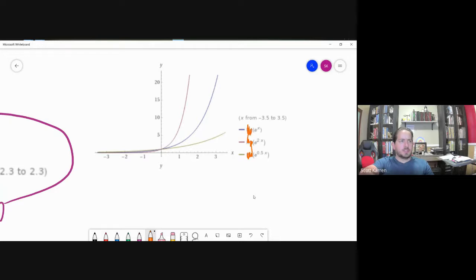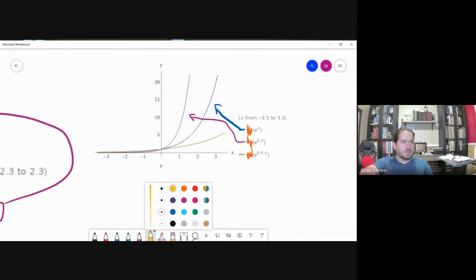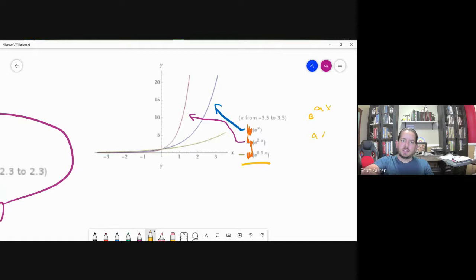But e to the x here is in the blue, so we saw that from before. The e to the 2x is this horizontally compressed one. But then I graphed one more in yellow, e to the 0.5x. So it's still this e to the ax, but now a is less than 1.